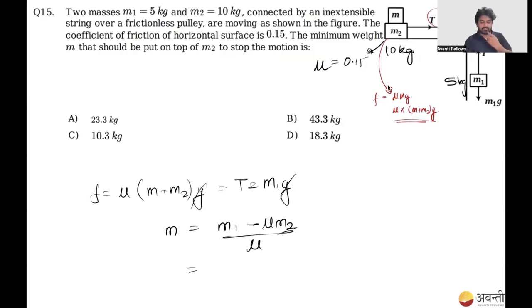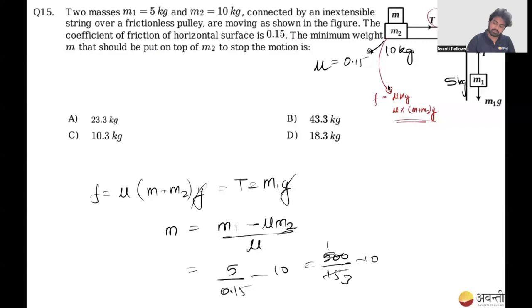So how much is M1? M1 is 5 kgs. If I divide by mu, then 5 upon 0.15 minus M2. M2 is 10 kgs. From here we can easily solve it. So it will be 100 by 3 minus 10, that is 70 by 3, which is near about 23.3 kgs.